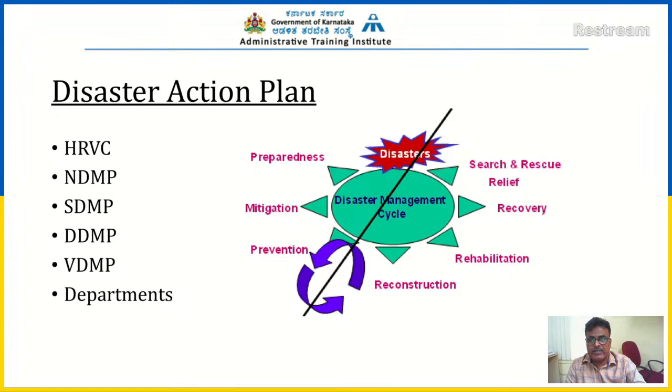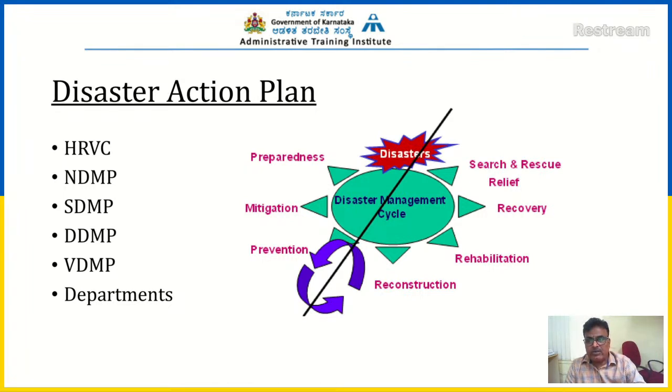Village means basically Gram Panchayat level disaster management plans, not only for flood but even drought and other disasters. Every Gram Panchayat has a disaster management plan in place. At least about 1,500 Gram Panchayats in the state of Karnataka are vulnerable Gram Panchayats. Most of them have prepared their plans and are trying to implement them.